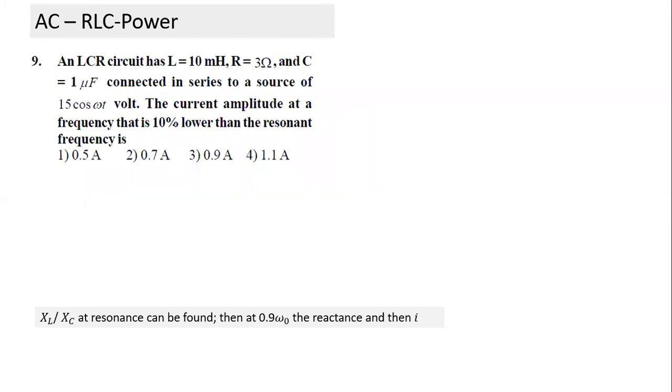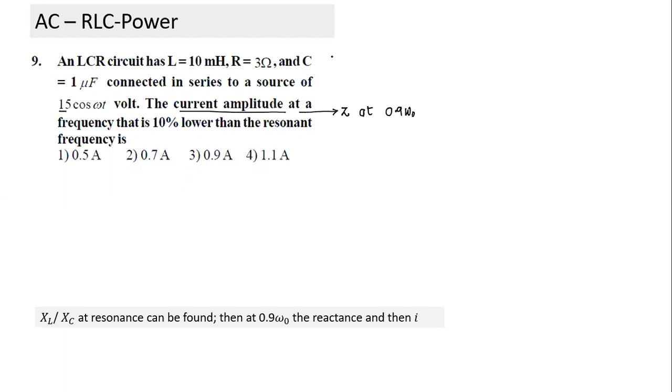Voltage amplitude is given. To find the current amplitude, what do we need? We need to find the value of impedance. Impedance at what value? 10% lower than the resonant frequency, at 0.9 omega naught.